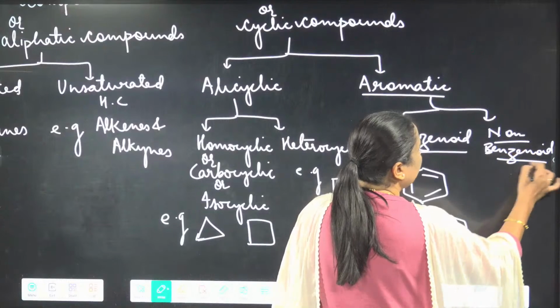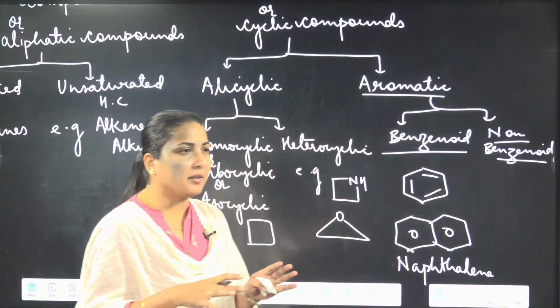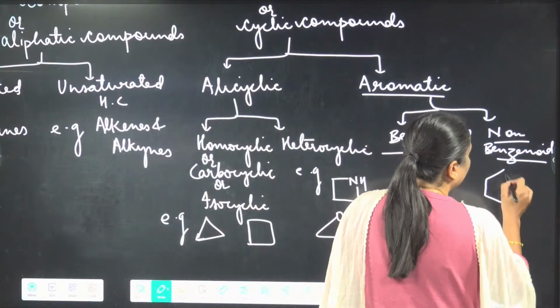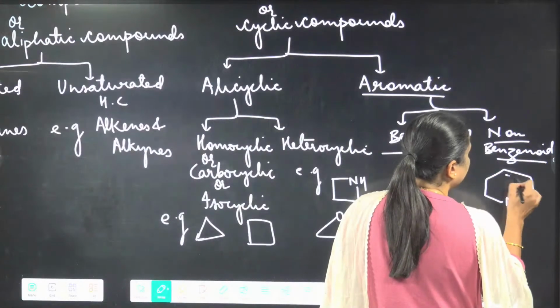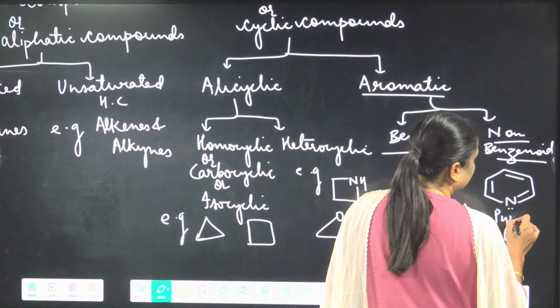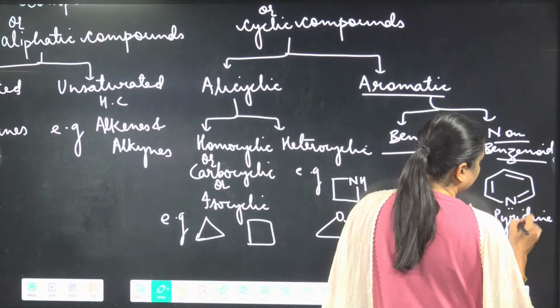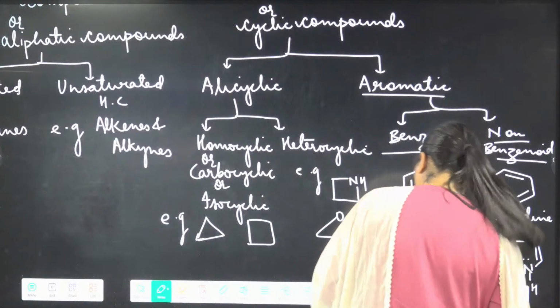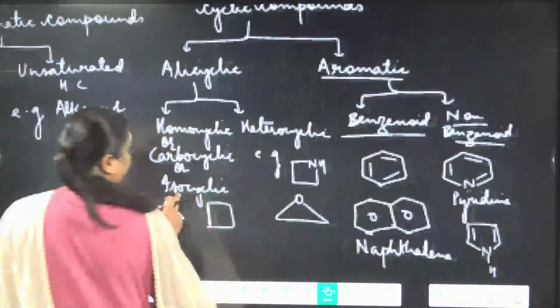Non-benzenoid means they do not have a benzene like ring, but still they are aromatic, right? Suppose I show this pyridine, it is aromatic. This is pyrrole, which is again aromatic.